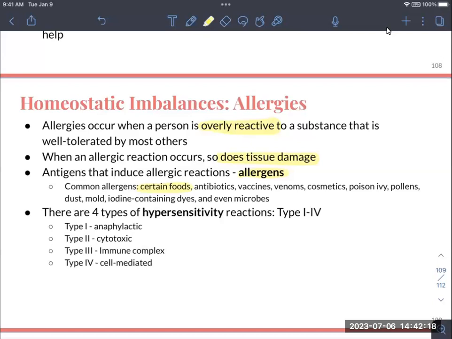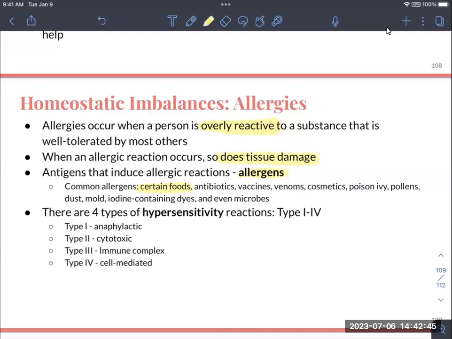As I mentioned before, not everybody responds to poison ivy. Only certain people do. Pollen, iodine-containing dyes. Some people are allergic to iodine. I break out into hives to iodine anytime it touches my skin. Even certain microbes people can have an allergic reaction to, because they're secreting certain toxins.